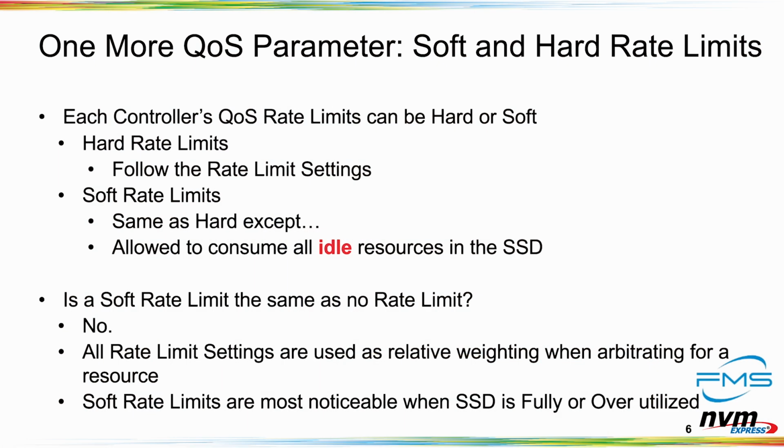So soft rate limits really come up and are most noticeable when an SSD is fully or overutilized. That's where you'll most notice that difference.